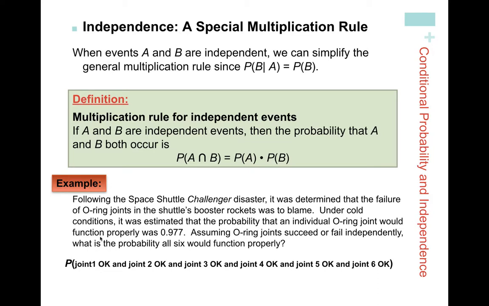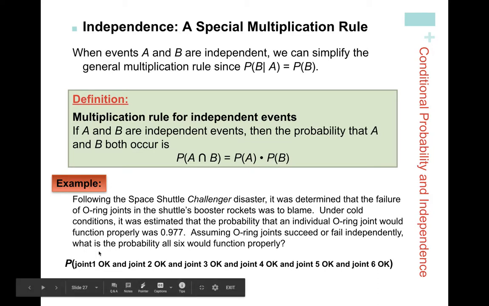So that is this. What is the probability that joint 1 is okay, and joint 2 is okay, and joint 3 is okay, and joint 4 is okay, and joint 5 is okay, and joint 6 is okay? Well, if these are all independent events, you can see what we're going to end up doing. We're simply just going to multiply each one of these.